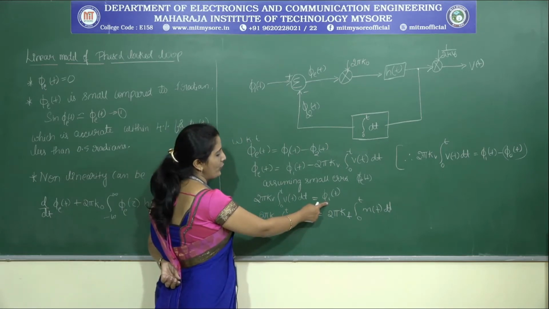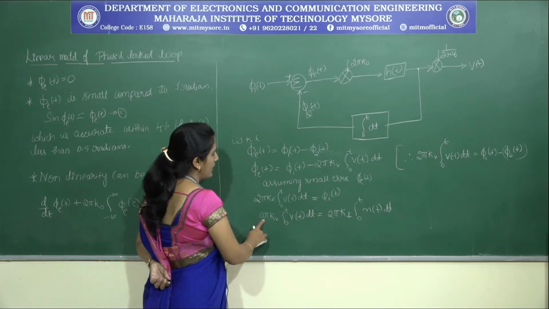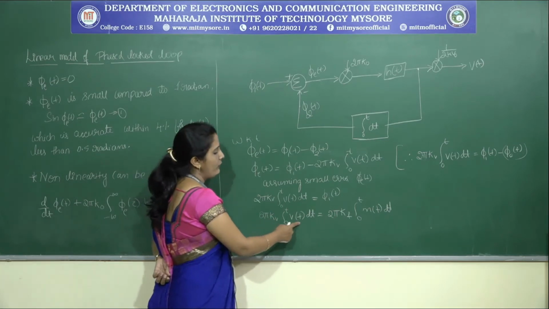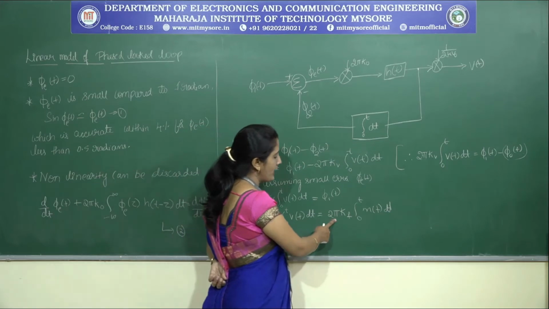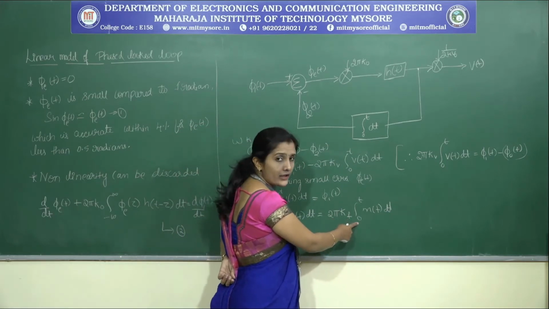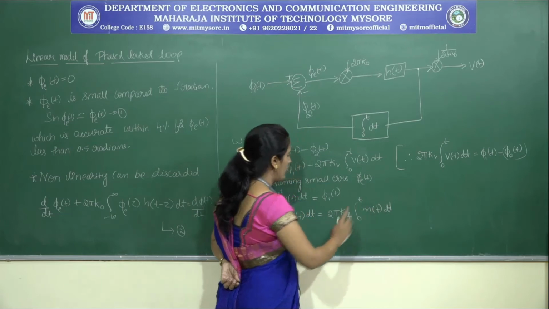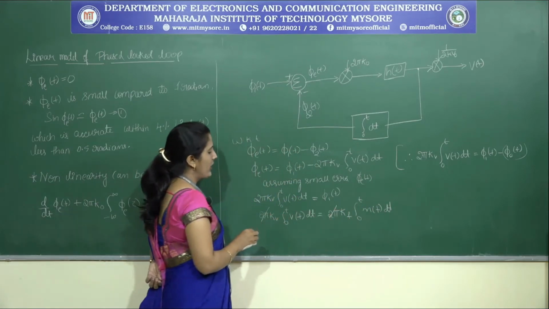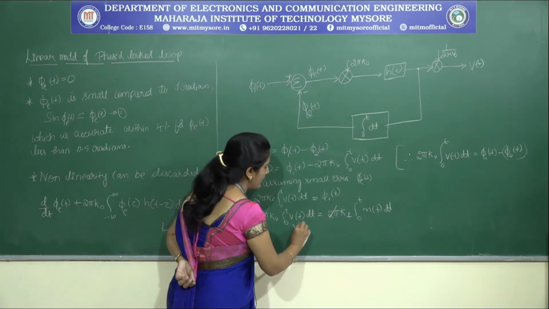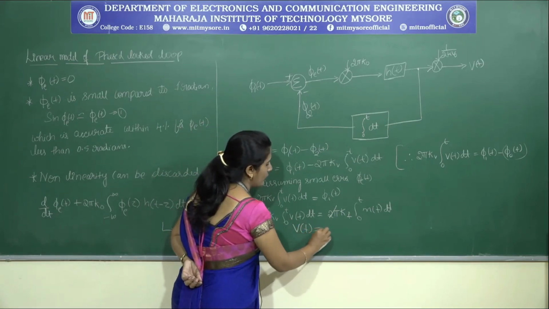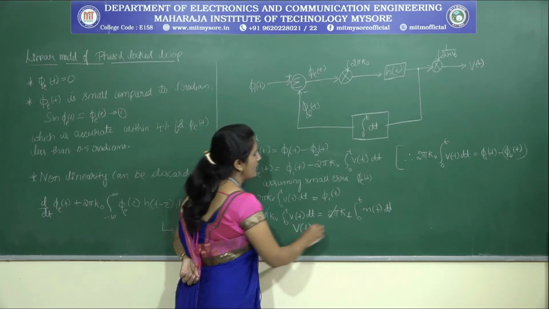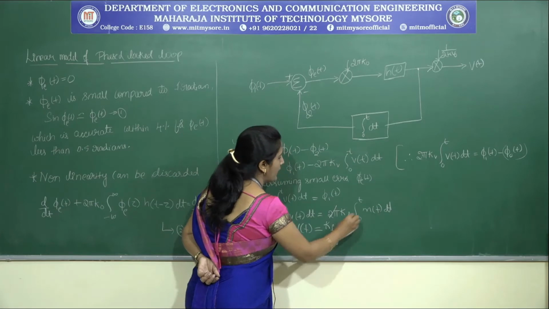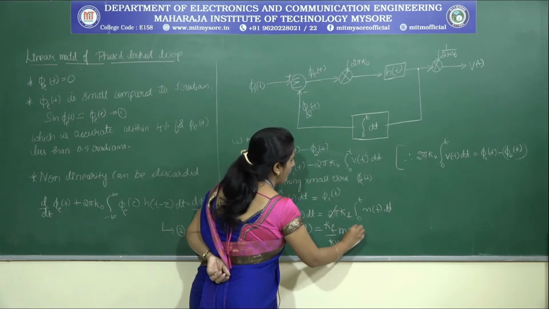We know the equation for phi 1 of t. Substituting that here, 2 pi k v integrating 0 to t, v of t dt is equal to 2 pi k f integrating 0 to t, m of t dt. Here we can cancel this, and the remaining term is v of t equal to k f divided by k v into m of t.